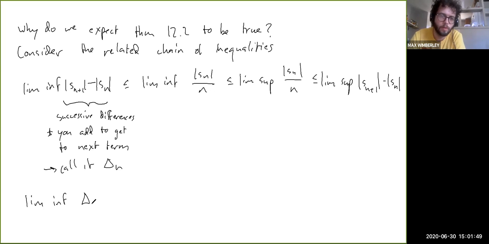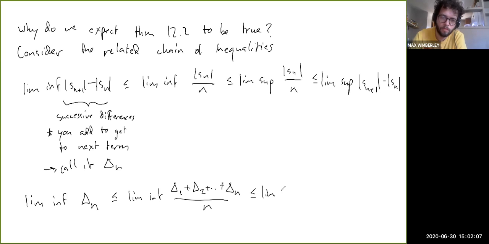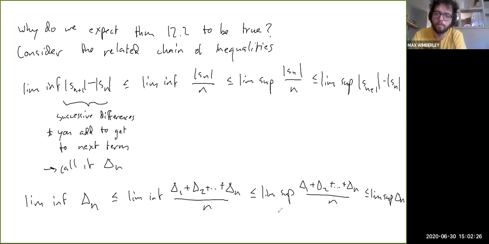The lim inf of the sequence of delta n's is less than or equal to the lim inf of (delta 1 plus delta 2 plus ... plus delta n) over n, which is less than or equal to the lim sup of delta n.